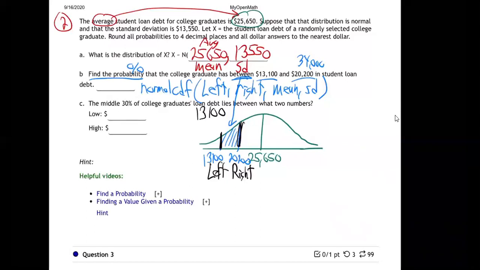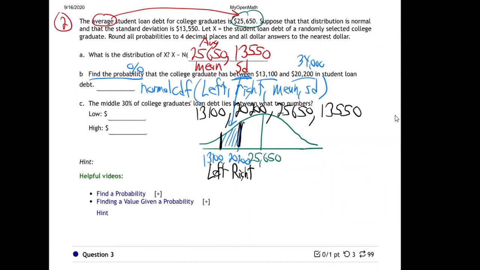The left edge is 13,100. The right edge is 20,200. My mean is 25,650, and my standard is 13,550. So those are the numbers I would have to put into my calculator.